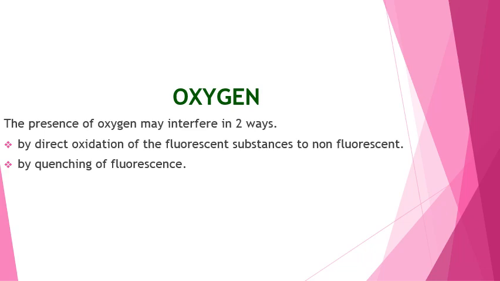Oxygen. The presence of oxygen may interfere in two ways: by direct oxidation of the fluorescent substances to non-fluorescent ones, or by quenching of the fluorescence, as in killing it completely. Paramagnetic substances like dissolved oxygen and many transition metals with unpaired electrons dramatically decrease fluorescence and cause interference in fluorimetric determinations.